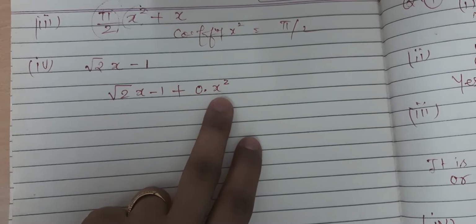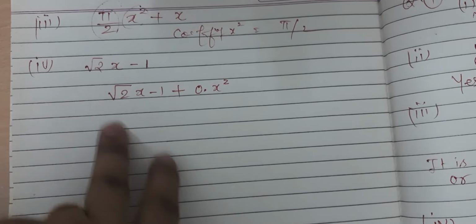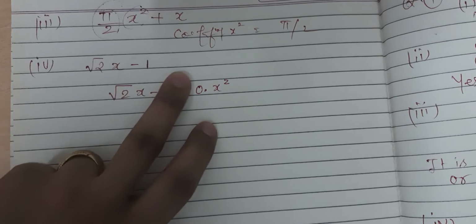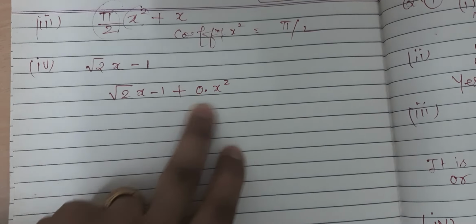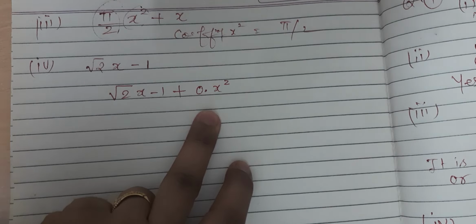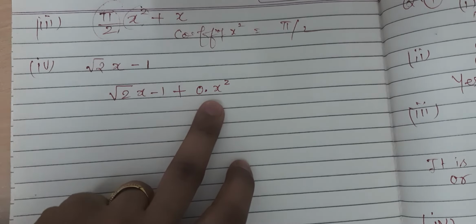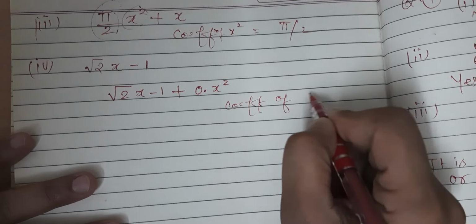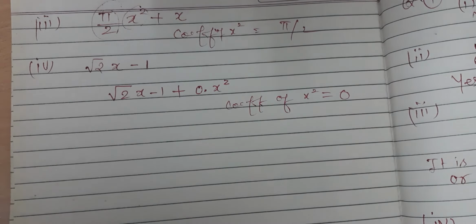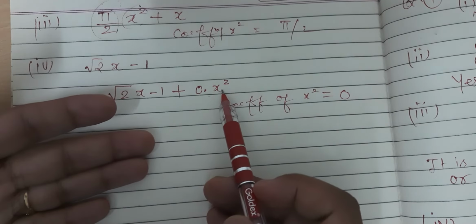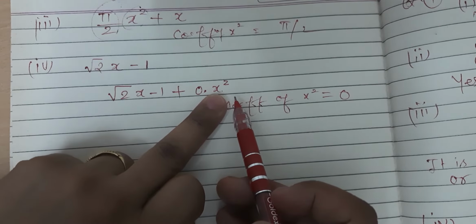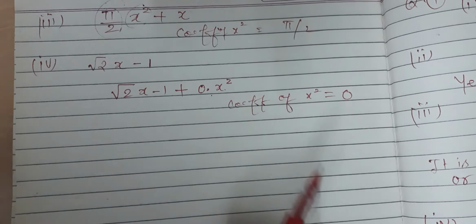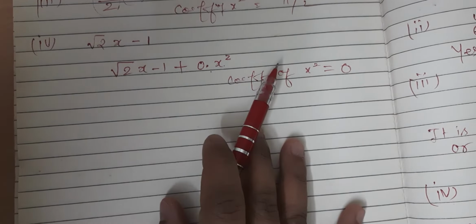If you find this type of case, where the question asks for the coefficient of x square and there is no x square, we write it like this, and we find that the coefficient of x square is 0. Generally we don't write 0 multiplied by x square, since it is 0 actually, so here the coefficient of x square is 0.